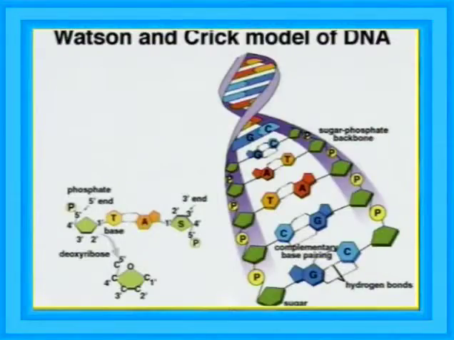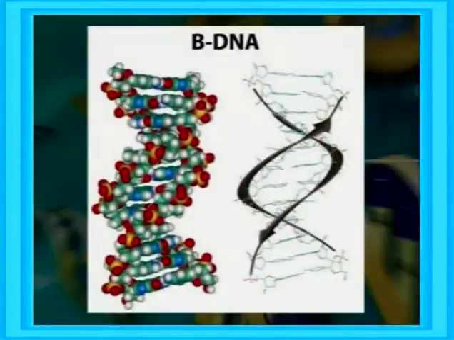Deoxyribonucleic acid is a remarkably flexible molecule. Considerable rotation is possible around a number of bonds in the sugar-phosphate backbone. DNA can assume different conformations under different physical conditions. The Watson-Crick structure is also referred to as B-form DNA.